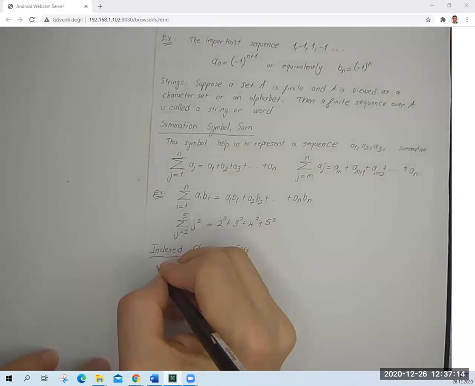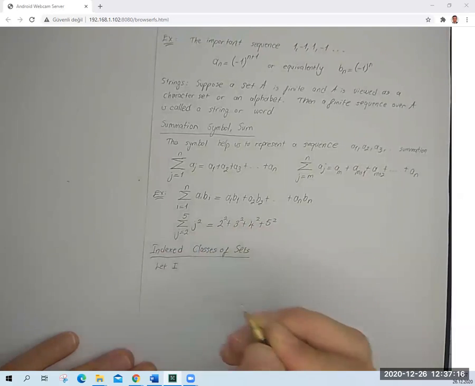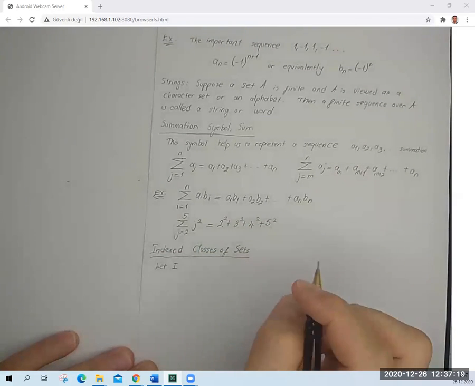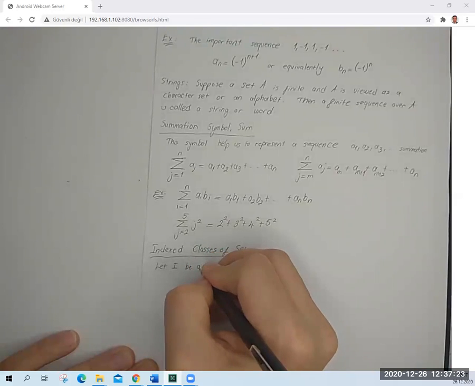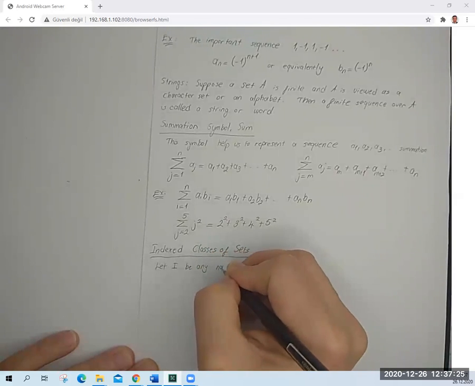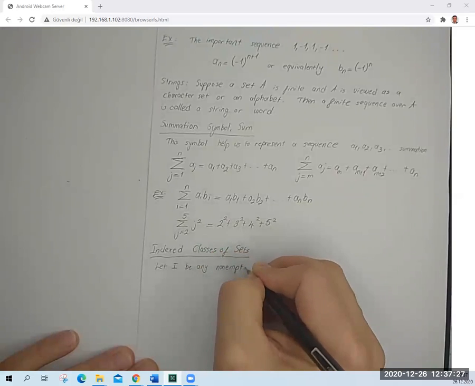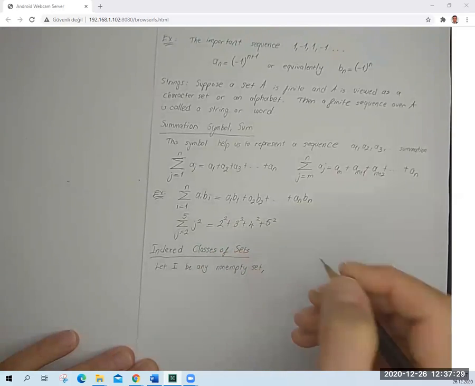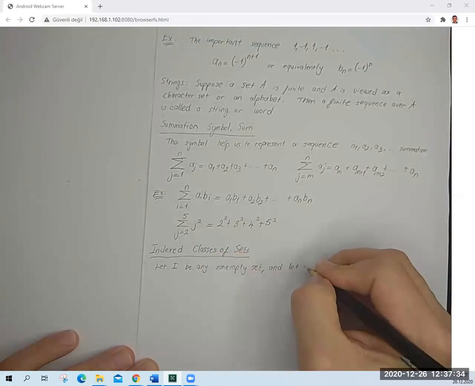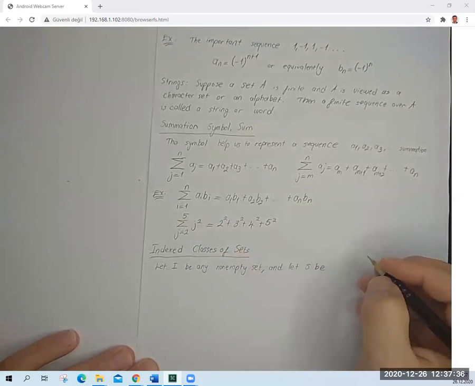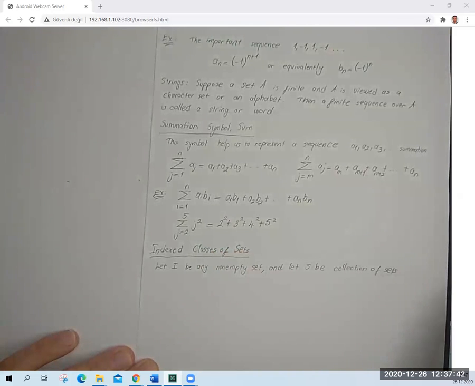Let I be any non-empty set, and let S be a collection of sets, and an indexing function.